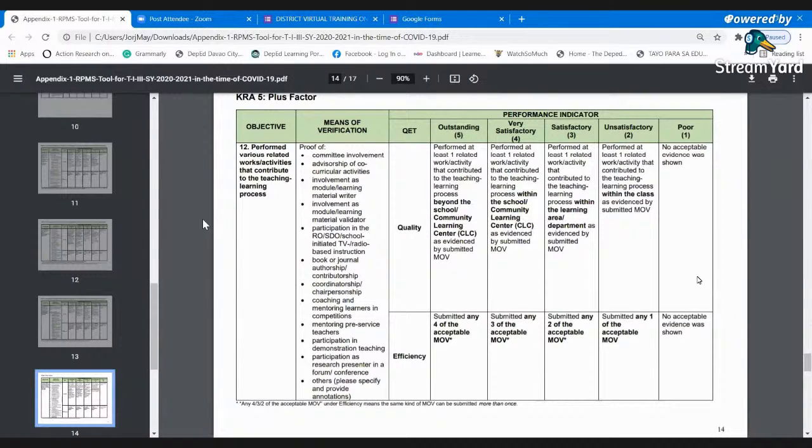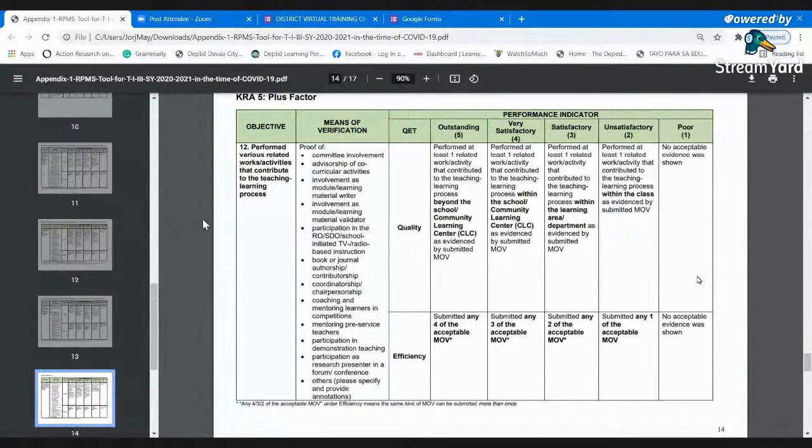Satisfactory, or 3: perform at least one related work activity that contributed to the teaching-learning process within the learning area department, even just at the grade 5 level or grade 2 level. Unsatisfactory: perform at least one related work activity that contributed to the teaching-learning process within your class only. What you did is only within your classroom, just for your pupils.